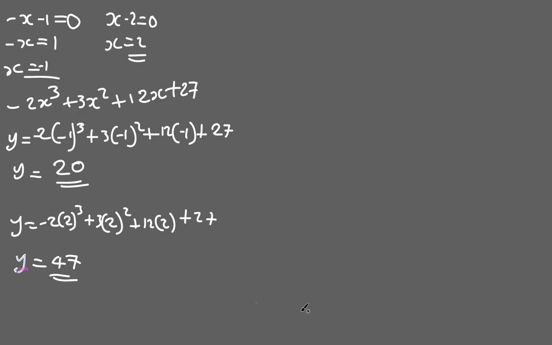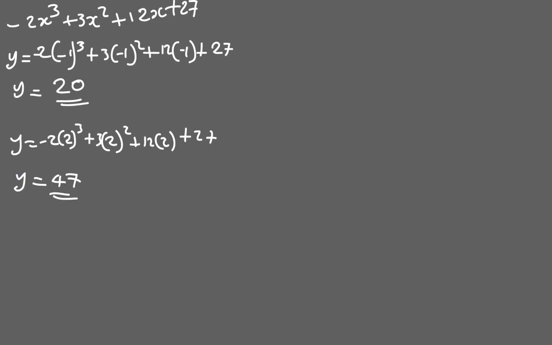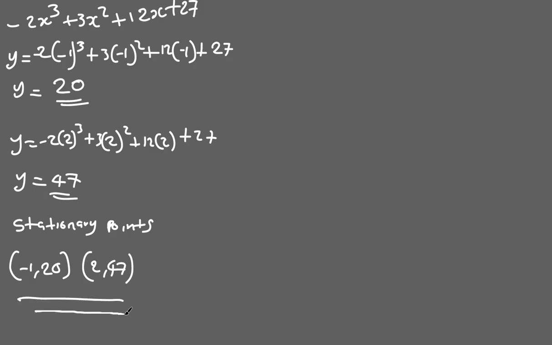Now you've been asked to find the stationary points. And I said these stationary points are coordinates. So you can say the stationary points are: the first coordinate was -1, 20, and the second one is 2, 47, meaning this is our answer.